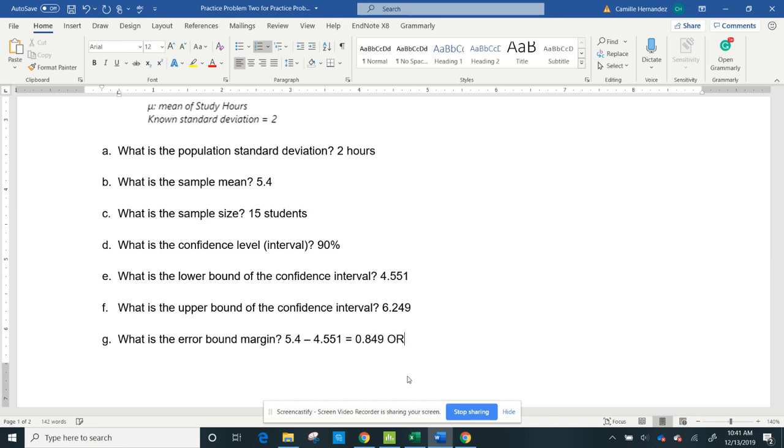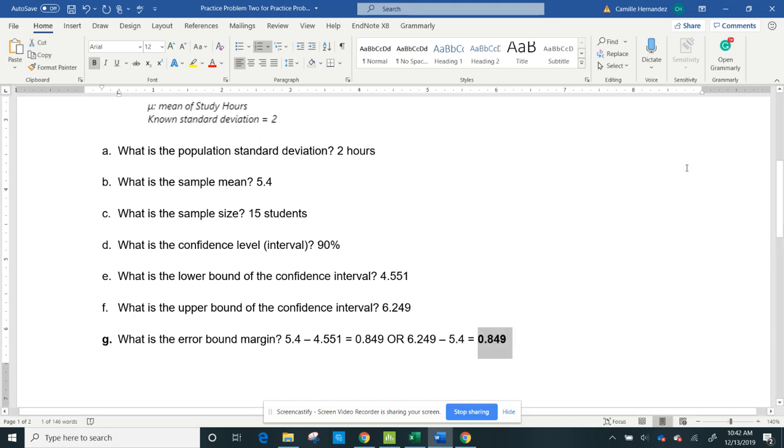Or remember, I can do an or and do 6.249 minus 5.4. So what do I get from that? I do 6.249 minus 5.4. And guess what? I get 0.849. So again, my error bound margin is 0.849.